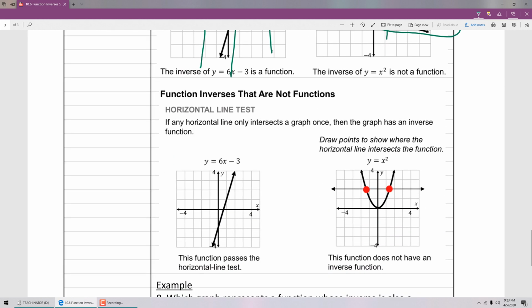So if it's asking whether or not the inverse will be a function and it gives you a graph, you can do something called the horizontal line test. So the horizontal line test, like the vertical line test, if we draw the horizontal line here and it crosses our graph more than once, for example here, then the inverse will not be a function.